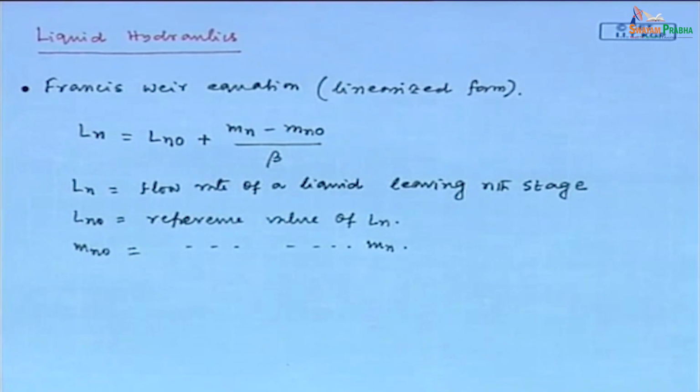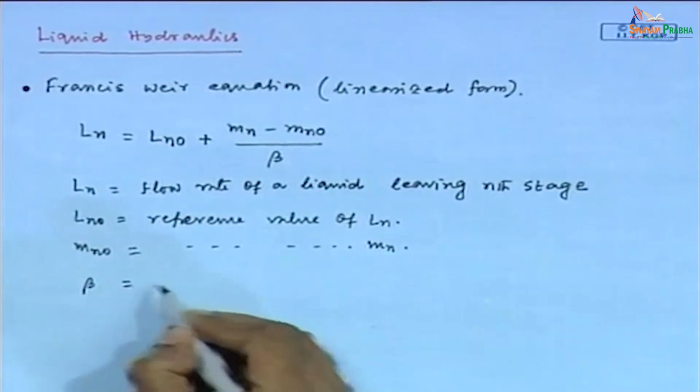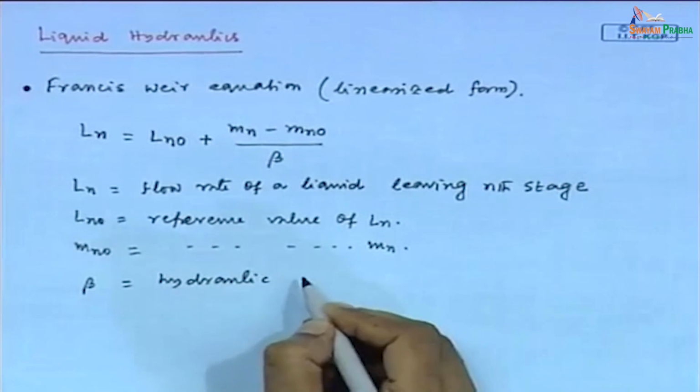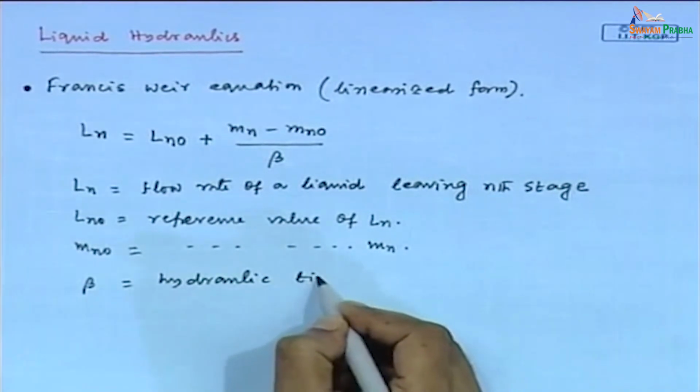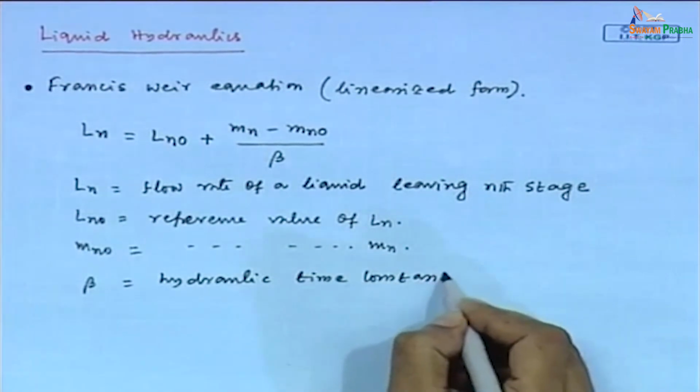Another term included in the Francis-Weir formula is beta. Beta is the hydraulic time constant.